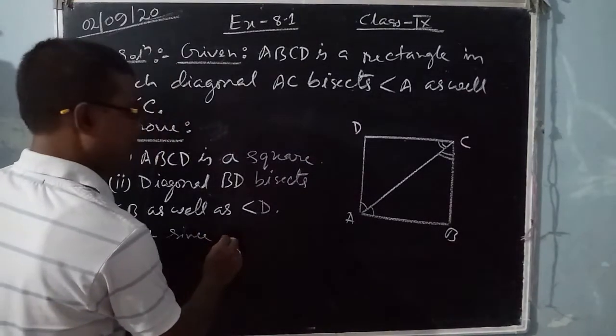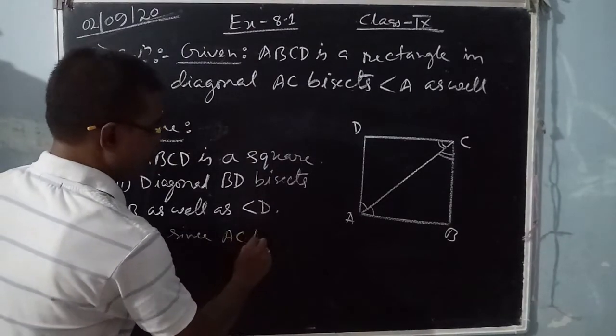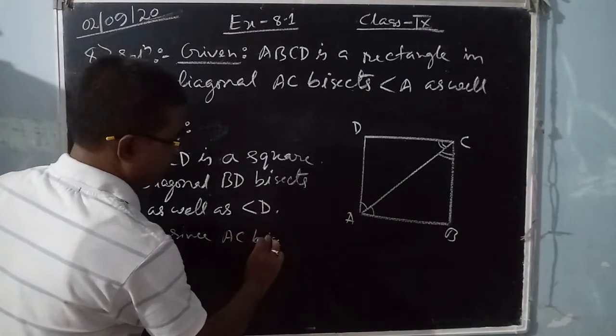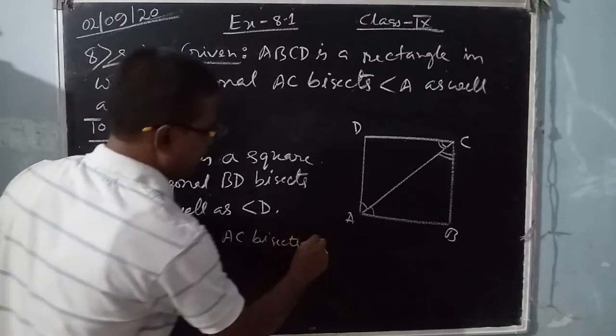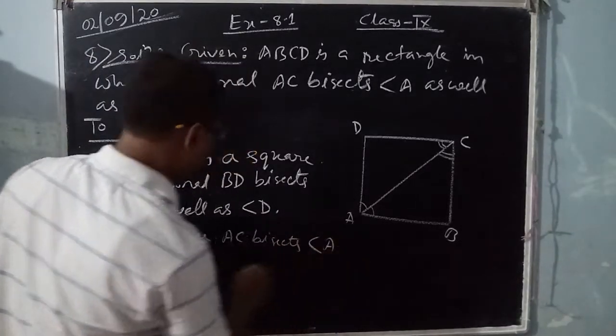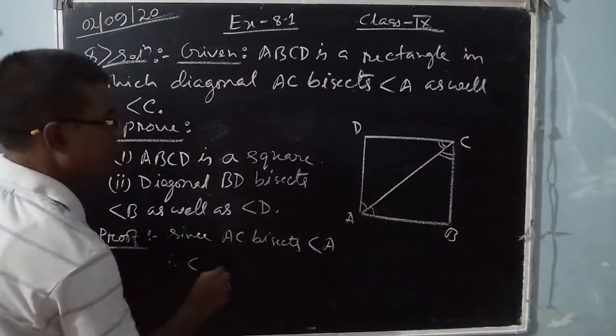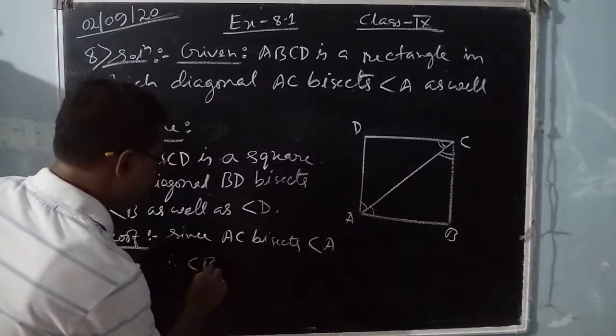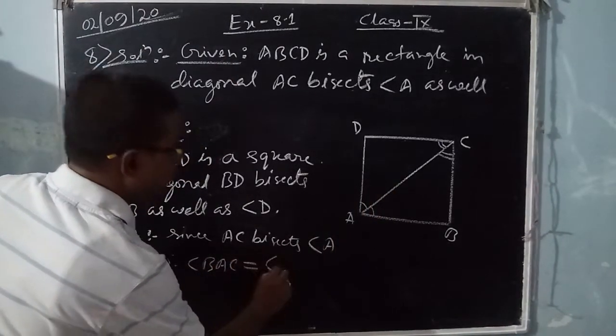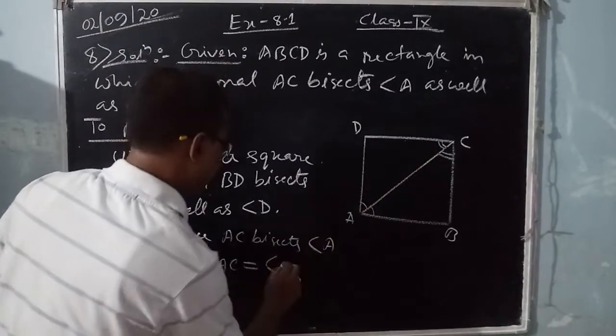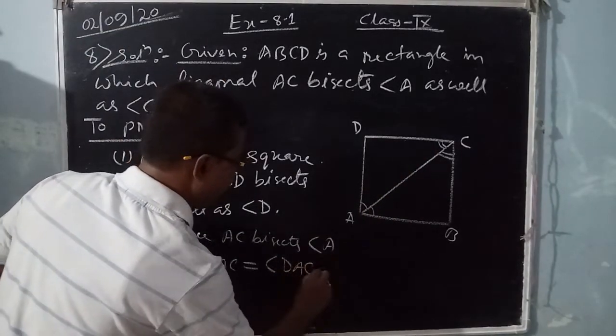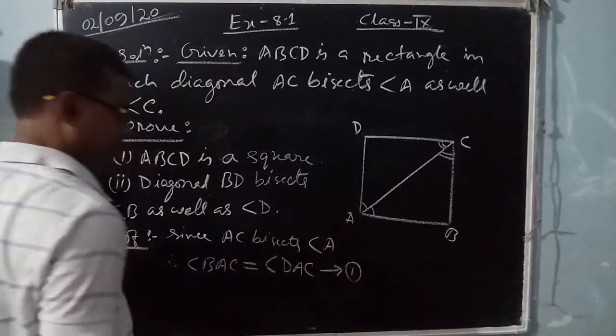Since AC bisects angle A, therefore angle BAC equals angle DAC, number 1.